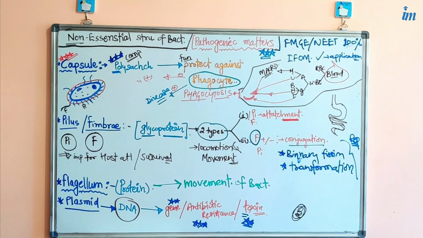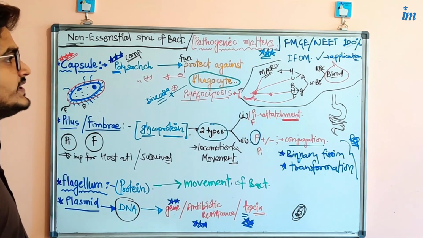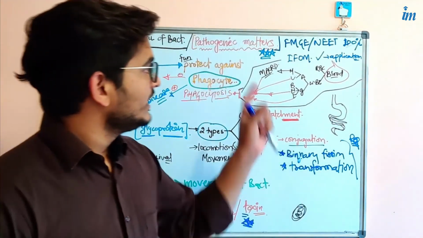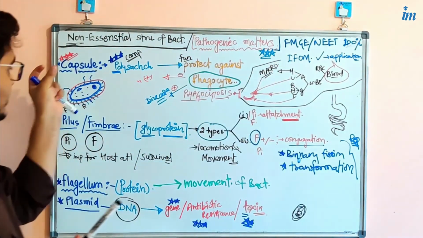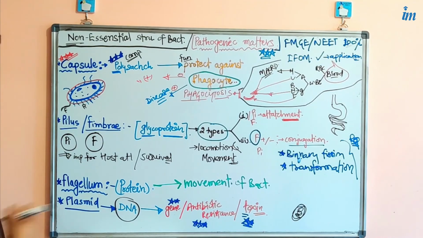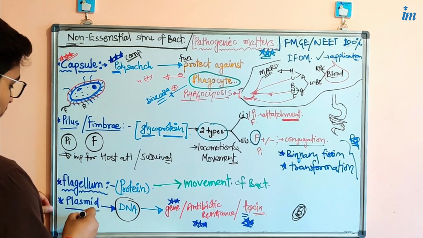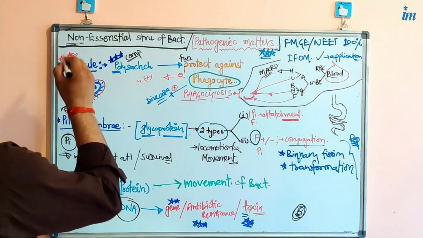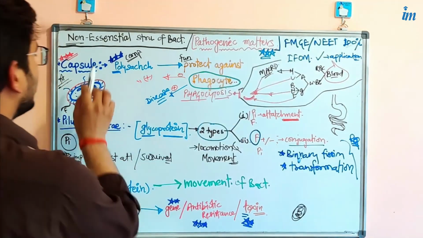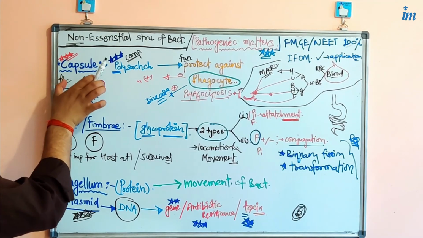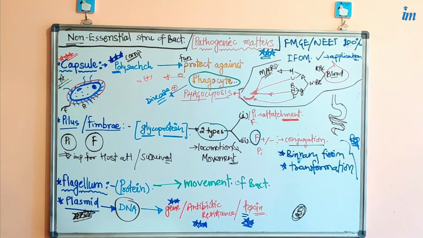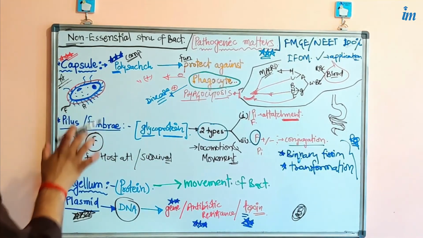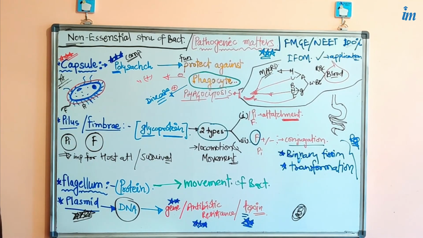For the FMG, NEET PG or INI-CET examination, they always ask about the capsule and plasmid. Every time you will see questions asked from the capsule and plasmid: all about the capsule, its activities, its functional properties, and plasmid. So you don't need to be confused.